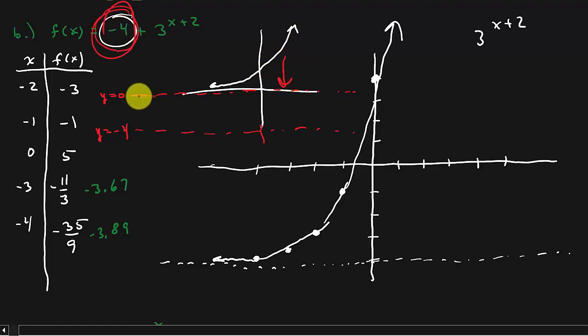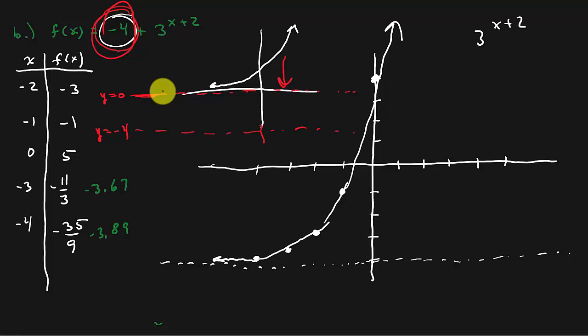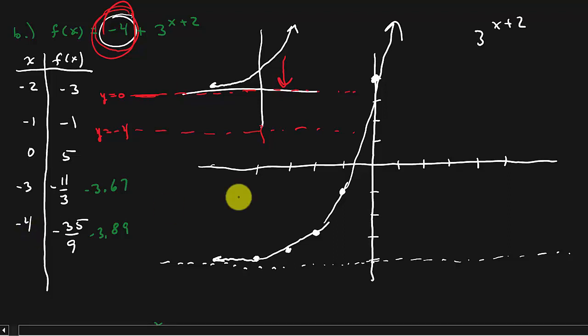And so that means it would be shifting down this horizontal asymptote 4 units. Okay? And you can see, you can plug in like negative 5, negative 6, negative 7, negative 10, whatever. You're never going to get a value on this side of the negative 4. Okay? You'll never get a value on that side of the negative 4.